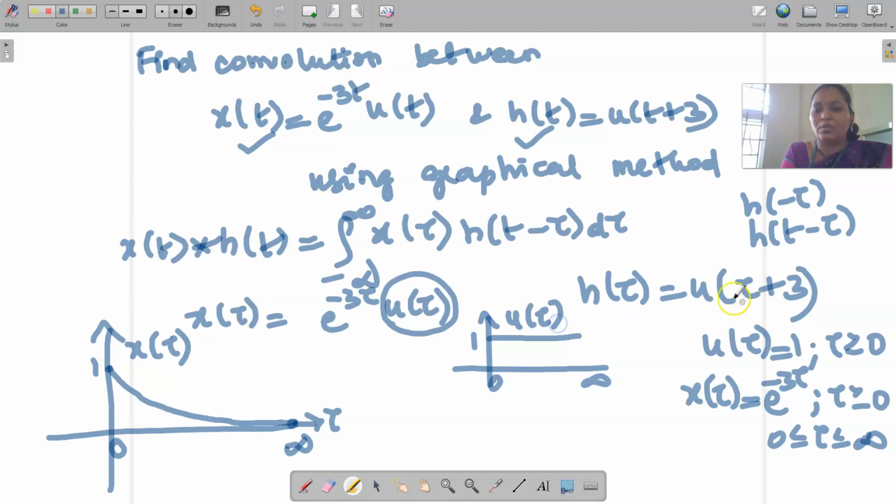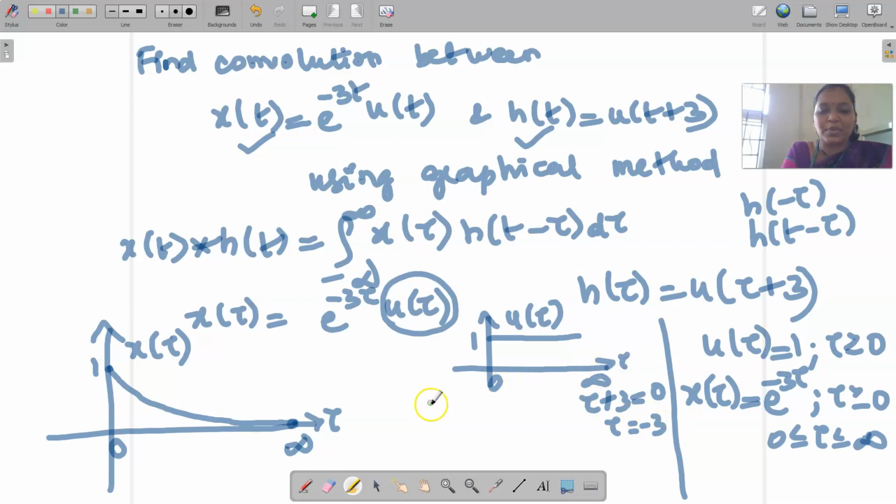If it is u of tau, how will you find out u of tau plus 3? U of tau plus 3 is nothing but a time shifting operation. Whatever the fundamental value you have, that is tau plus 3, we have to equate to 0. So we find tau is equal to minus 3. This minus 3 I have to add with each and every instance of tau.